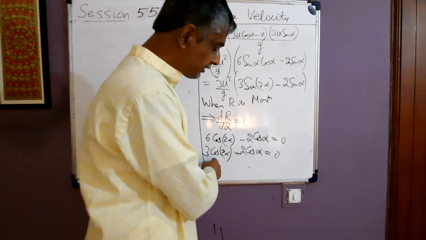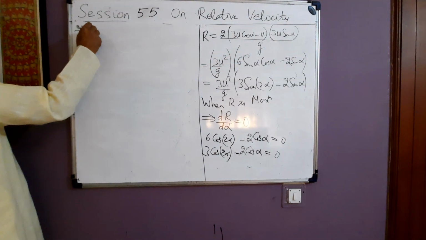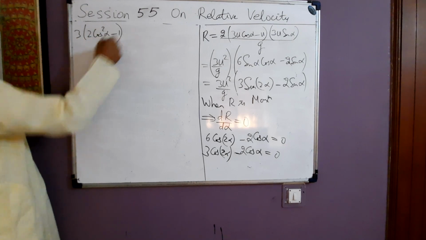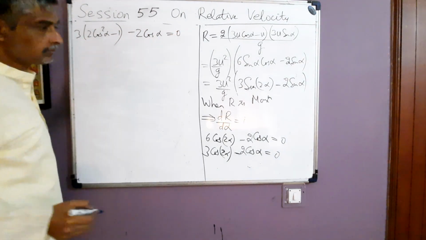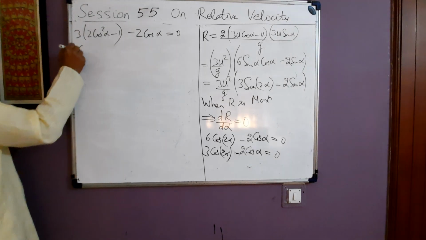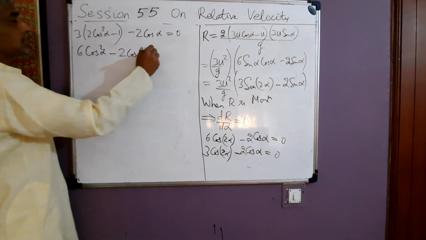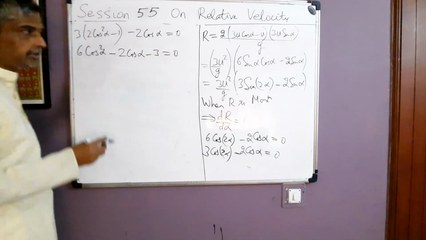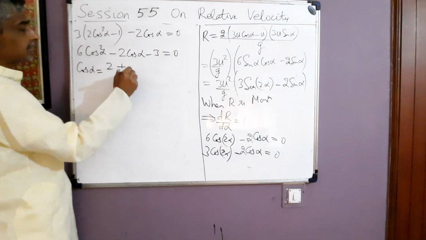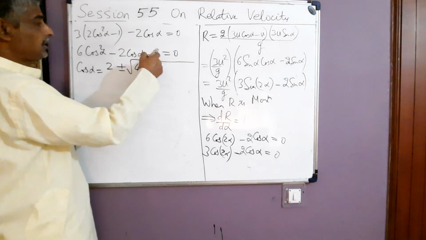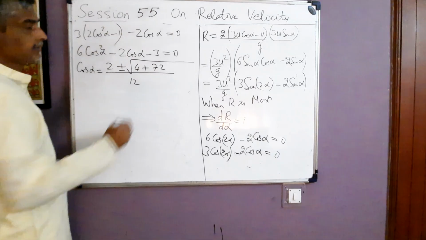So now cos 2 alpha is written as 2 cos squared alpha minus 1 from trigonometry. So this becomes 2 cos squared alpha minus 1 minus 2 cos alpha is 0. Fine. So this becomes 6 cos squared alpha minus 2 cos alpha minus 3 is 0. So cos alpha from the quadratic formula is 2 plus or minus root under 4 plus 72, by 12.